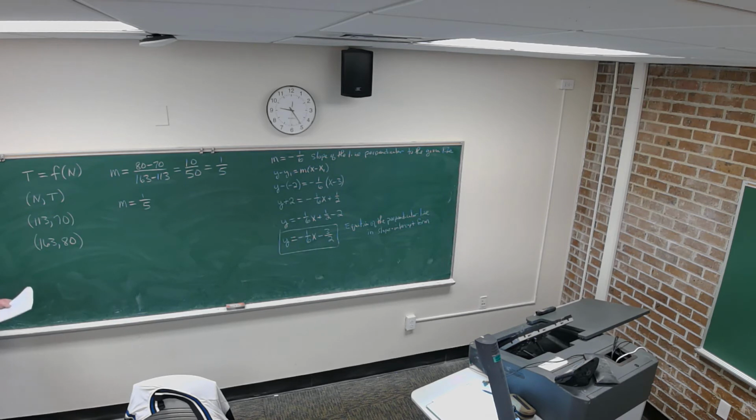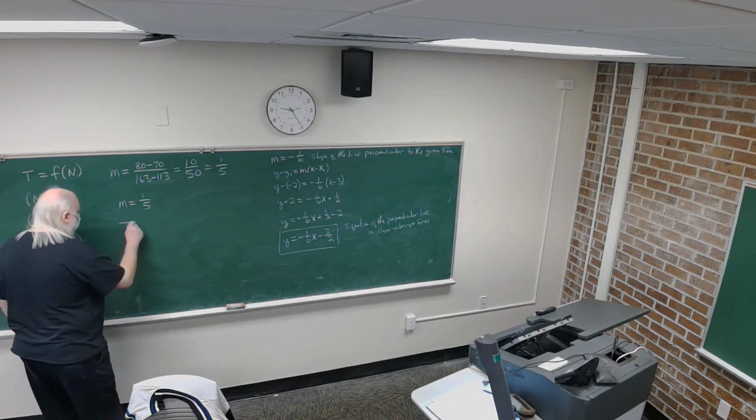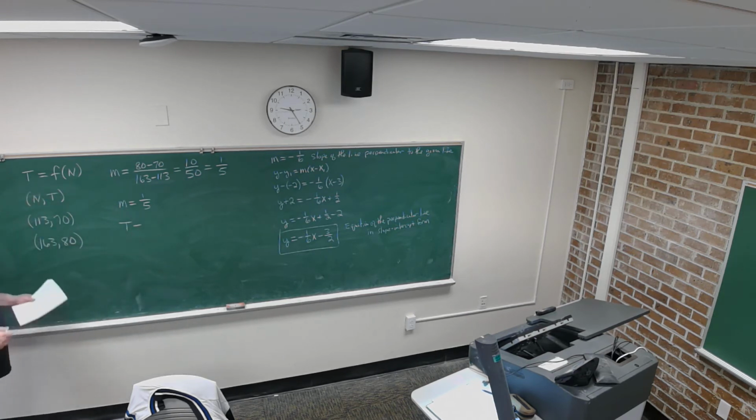Now we can use point slope form to come up with the equation. T is a function of N. We can use either of these points to write the equation in point slope form. I'm going to use the first point, but we could use the second point.